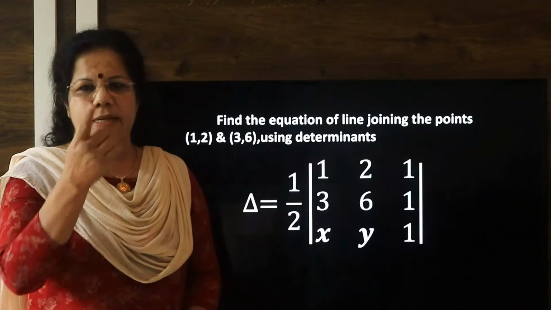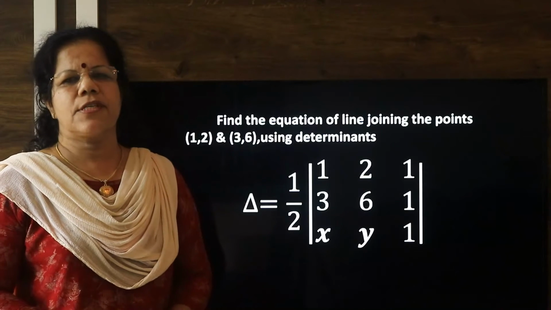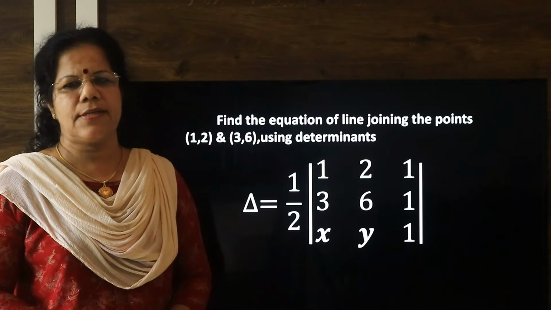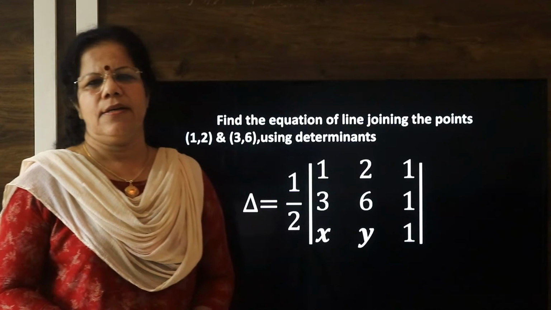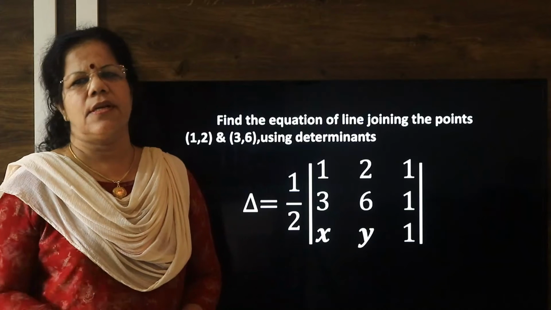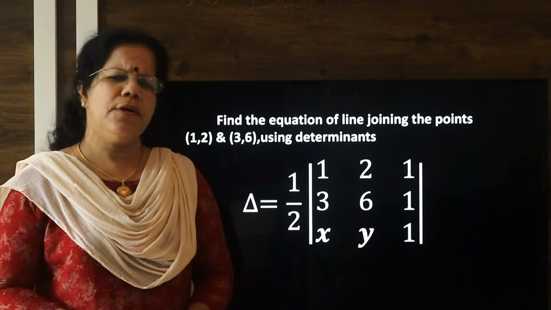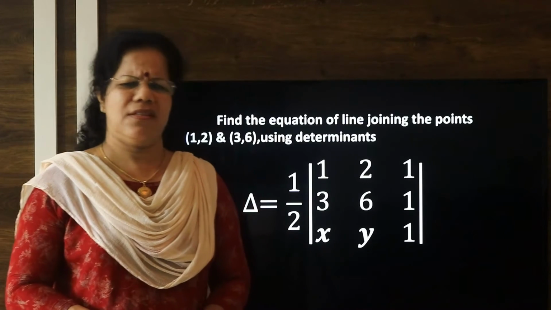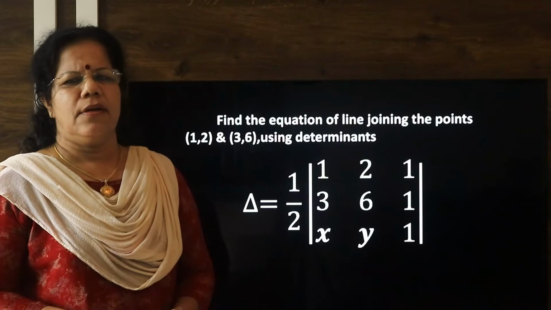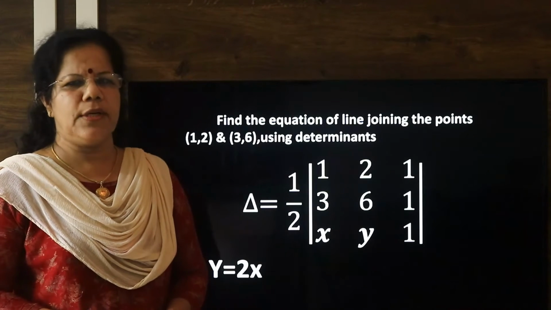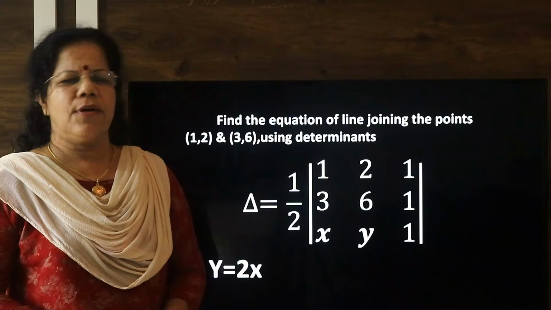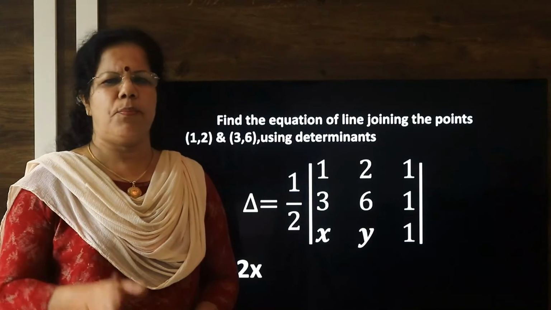So delta is equal to half, first point 1, 2, second point 3, 6 and the third point, the general point P(x, y). Direct expansion, or you can make zeros as you like. Direct expansion will give you the answer y is equal to 2x. This is the equation of the line. So I am telling you it is very simple.